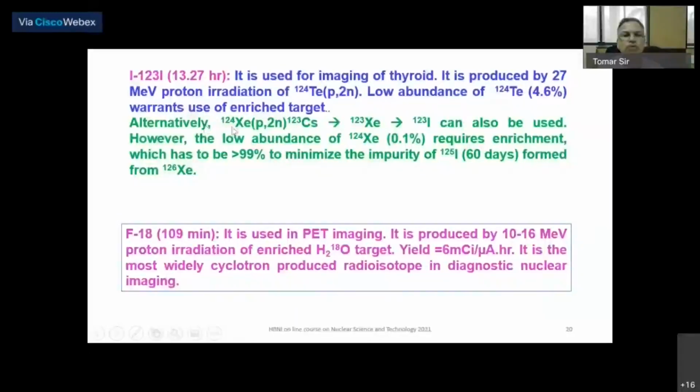Alternatively, you can use 124 xenon (p,2n) 123 cesium, and subsequent beta or electron capture decay to 123 iodine. However, the abundance of 124 xenon is very low, 0.1%, so it requires enrichment of 124 xenon to about 99%, and also to avoid the impurity of 125 iodine, which has a half-life of 60 days.